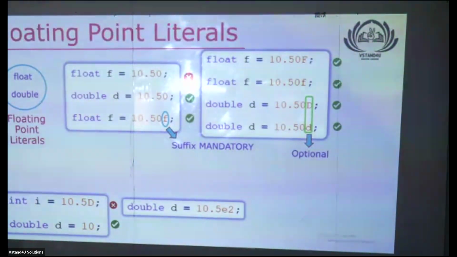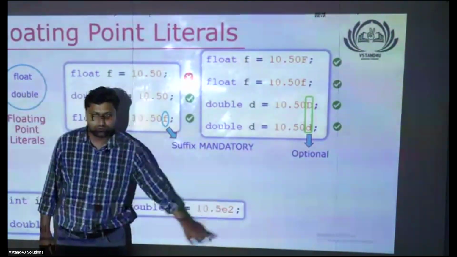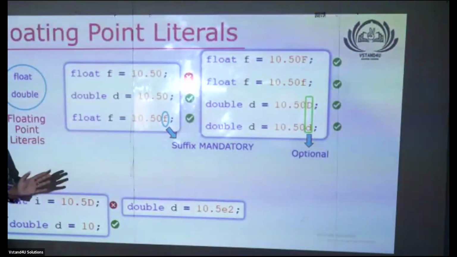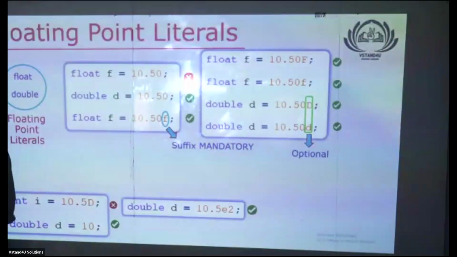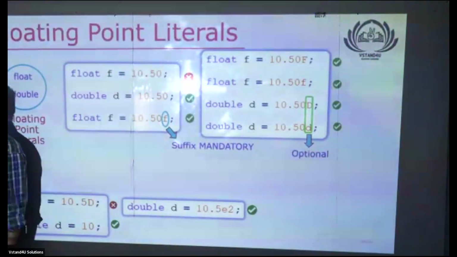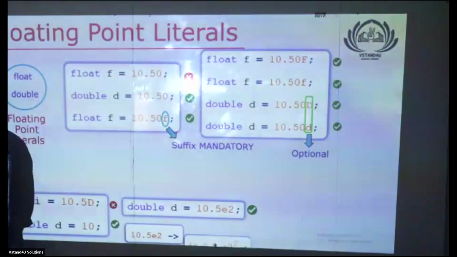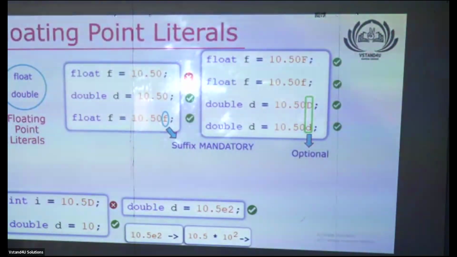How about this one? Now pay attention. What is the value? 10.5 E2, exponent of 2. E means exponential value. This is allowed. What does it mean? 10.5 E2 means 10.5 into 10 raised to the power 2.